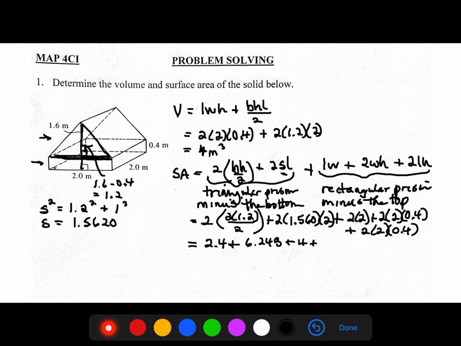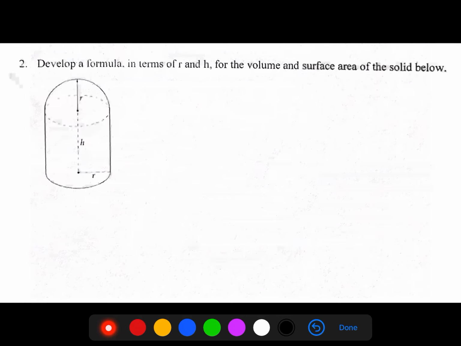And simplifying, just making sure we have all the right values here, we get 2.4 plus 6.248 plus 4 plus 1.6 plus 1.6, giving us a total of 15.8 square meters.